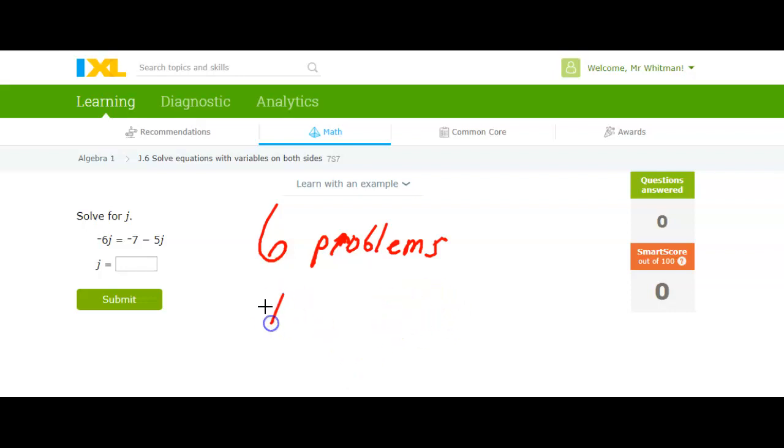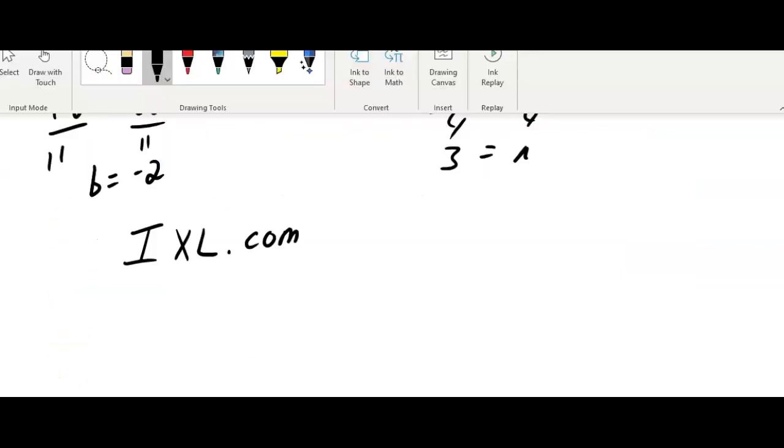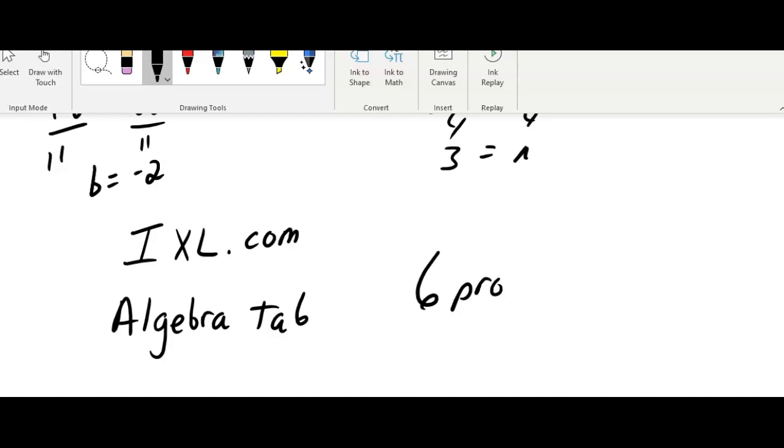So 6 problems on tab J6. You're on the Algebra tab, 6 problems, and it has to all be tab J6.